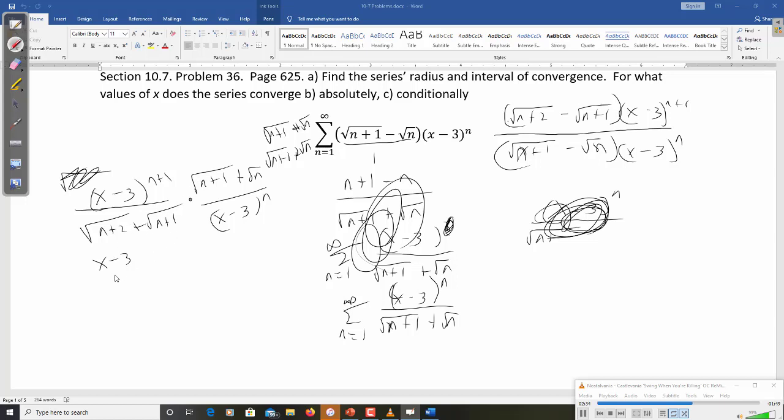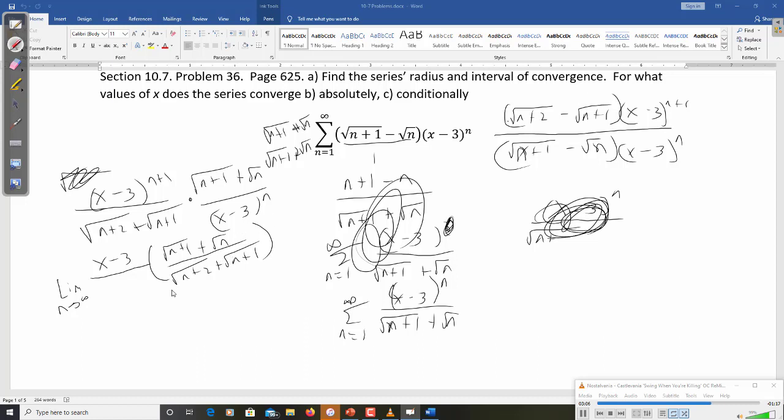As far as these go, if you put them over each other, square root n plus 1 plus square root n over square root n plus 2 plus square root n plus 1, limit as n goes to infinity. I'm not actually sure what's going to happen there. It seems like it'll just go to 1.